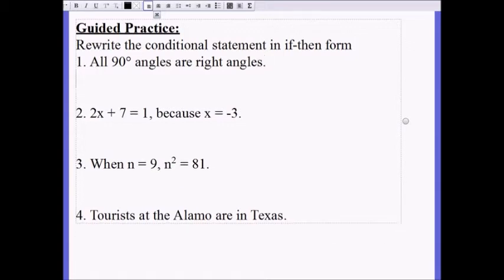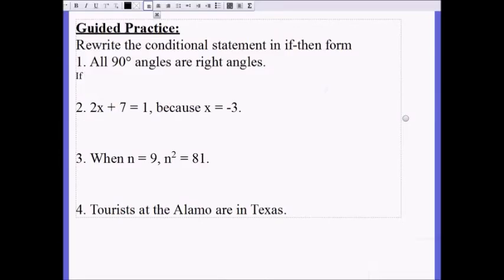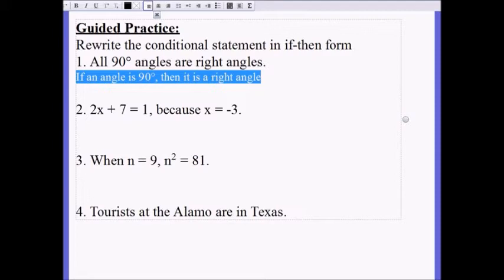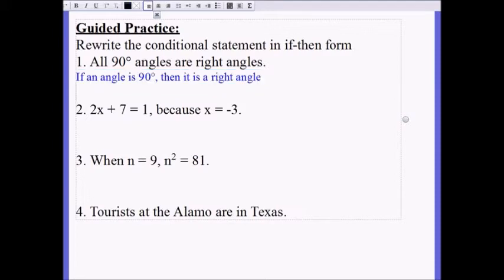So we would probably say, if an angle is 90 degrees, then it is a right angle. Okay, let's do this in blue. All right, so here's the answer. If an angle is 90 degrees, then it is a right angle. Let's say if-then form.